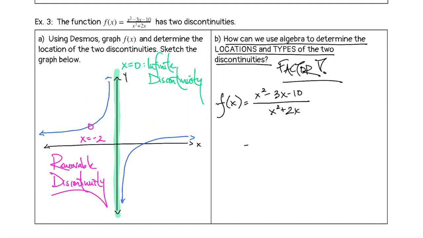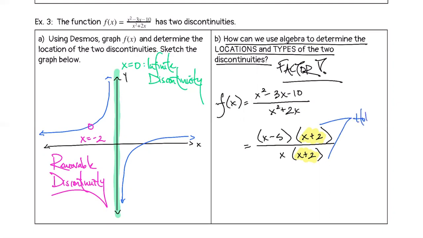When we factor that, the numerator will give us (x minus 5) times (x plus 2), while the denominator will give us x times (x plus 2). That common factor, x plus 2 and x plus 2, that's what we wrote earlier in the limits day 1 notes, that indicates that there is a hole at x equals -2.